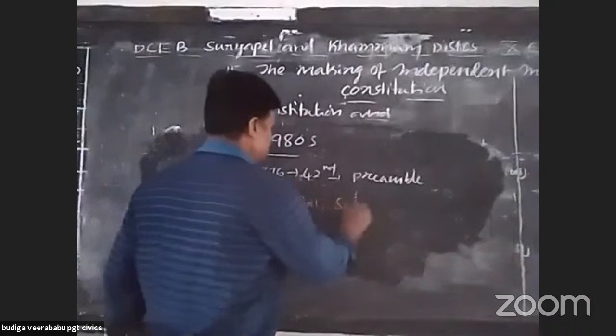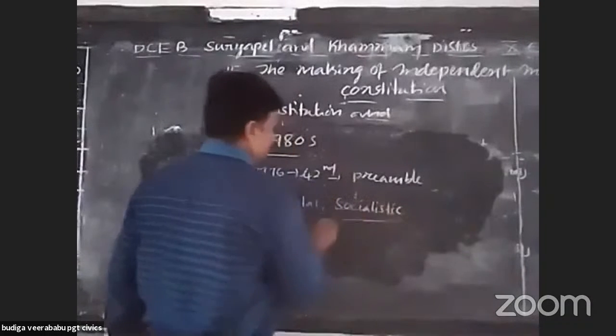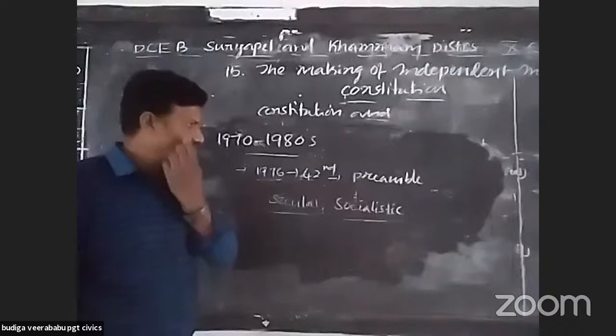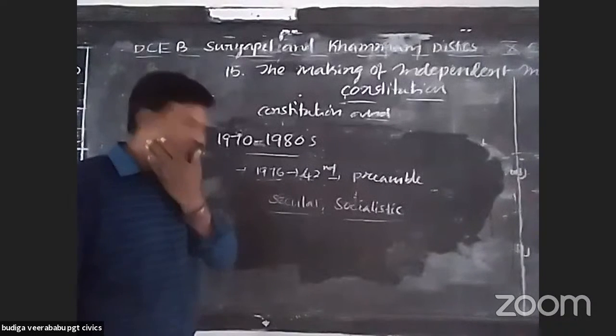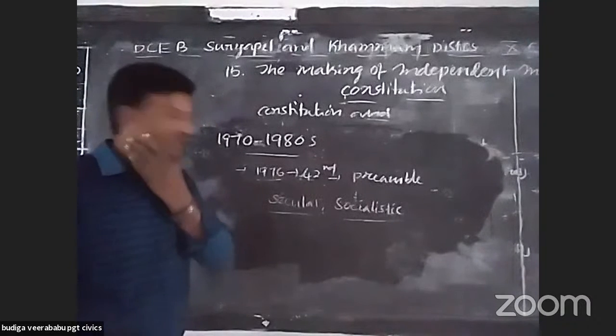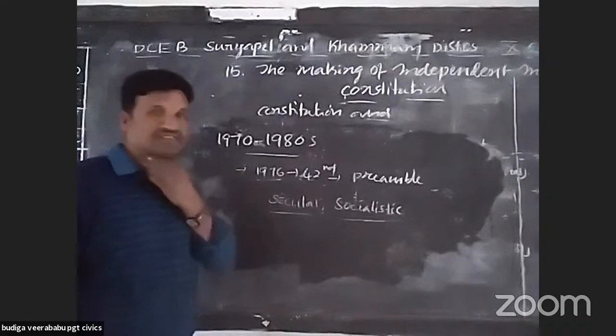The words secular and socialistic we mentioned in the Indian constitution in the preamble through the 42nd constitutional amendment in 1976.